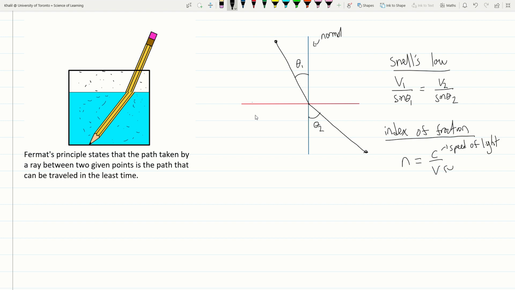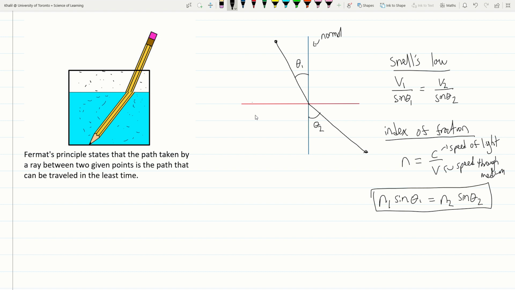And v is the speed the light travels through that medium. With these factors, we can rearrange the equation, and with a little algebra, come to the equation n1 sine theta 1 equals n2 sine theta 2.